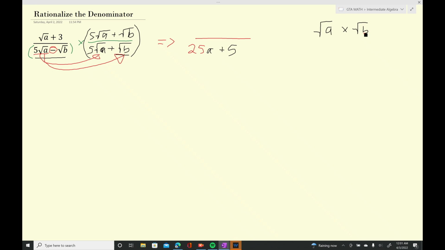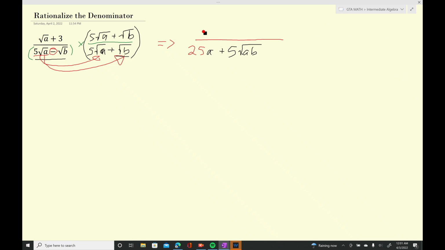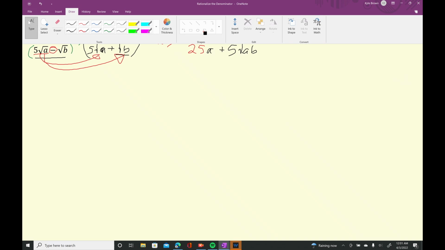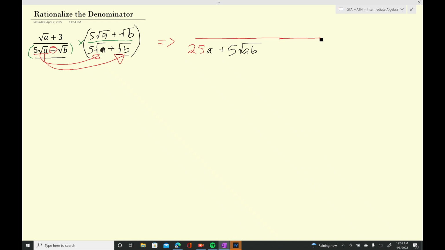Since both of these have the same index, a root 2 and a root 2, we're going to combine these two into one big square root function. So this is going to be 5 square root ab. And we're not done. We've got to keep going.